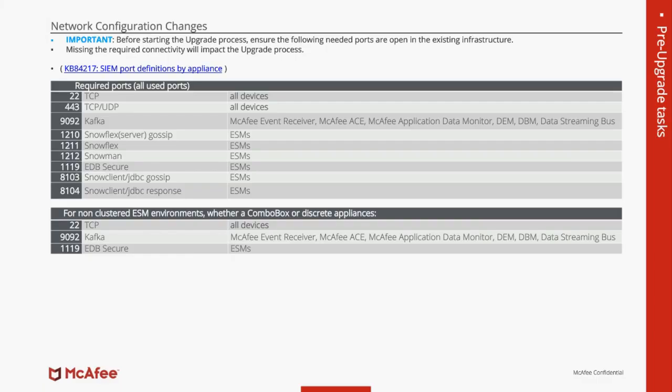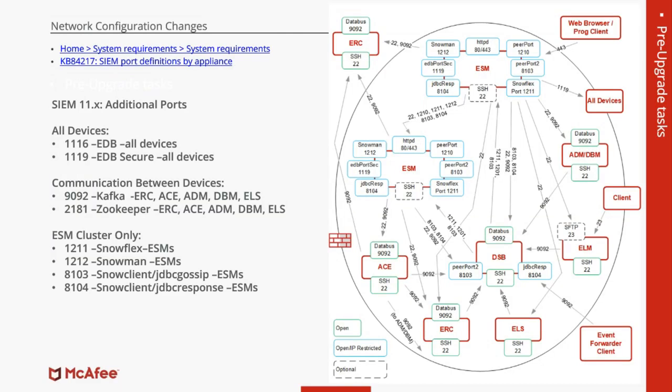We do have a nice visualization of how all the devices interact with each other over which ports. That is available under the minimum requirements in docs.mcafee.com for the ESM for version 11. If you do want to look at that, it can be definitely helpful to see how those things interact.